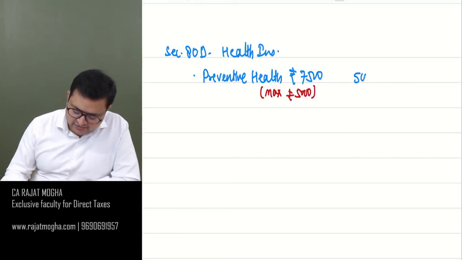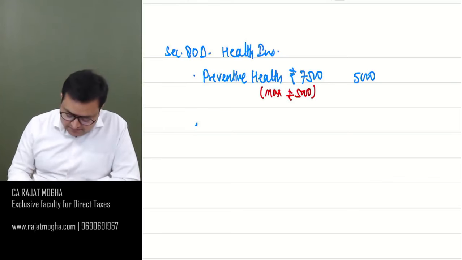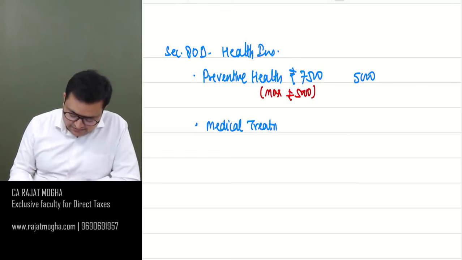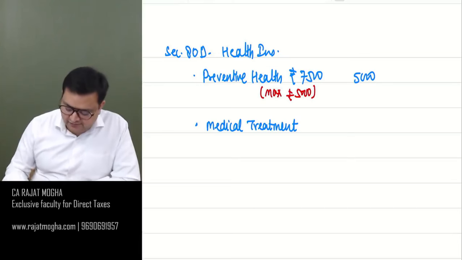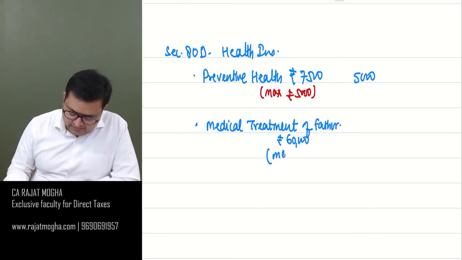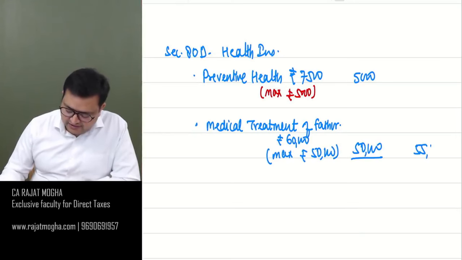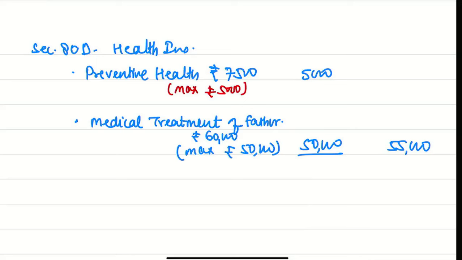So it would be 5,000. Second is for medical treatment of father, rupees 60,000, but again maximum rupees 50,000. So we'll get 50,000 over here. So 55,000 in 80D. Agree?